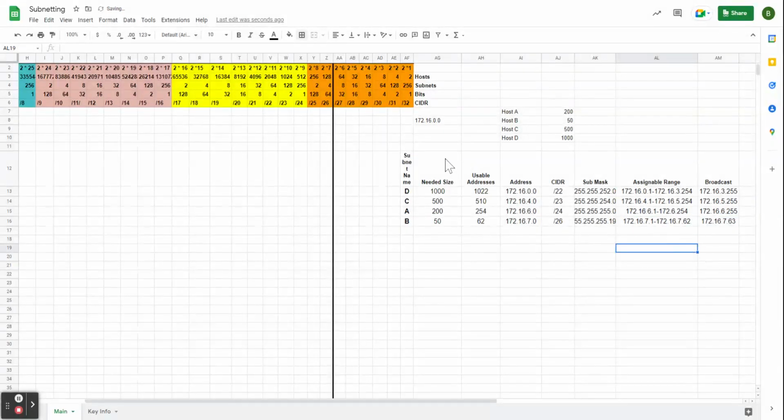Okay, so again, where I've got that from is these networks are going up in blocks of 64, reflecting from the subnet mask that you're using.